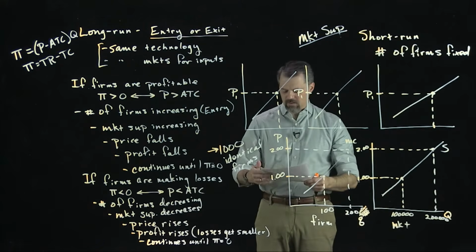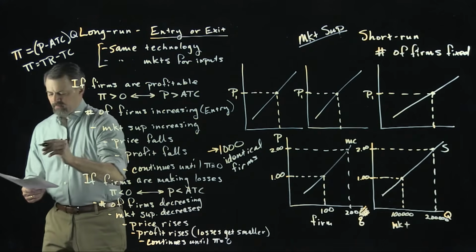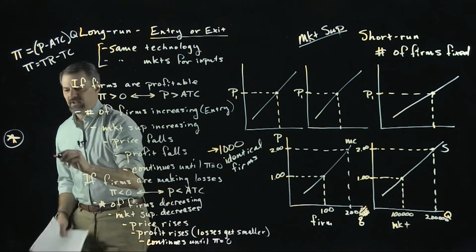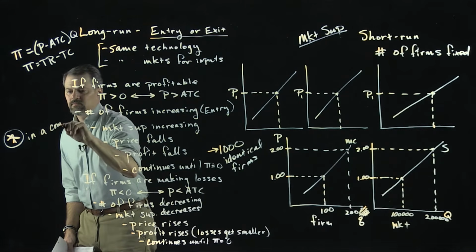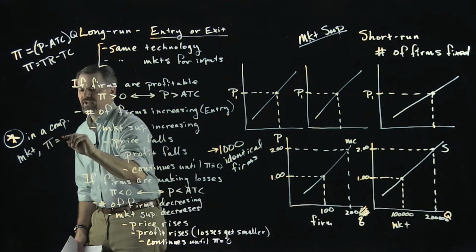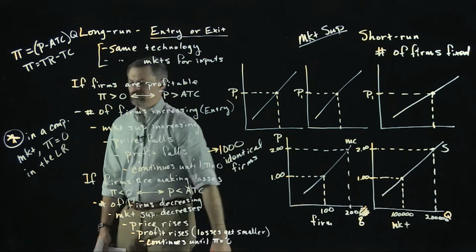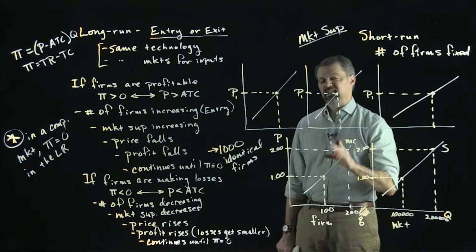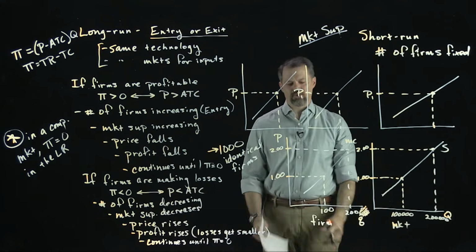So what we've just come up with, and this is an important conclusion, is that in a free market, in a competitive market, profit equals zero in the long run. Entry or exit will drive profit to equal zero in the long run.